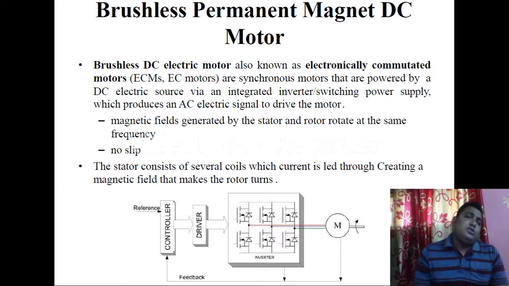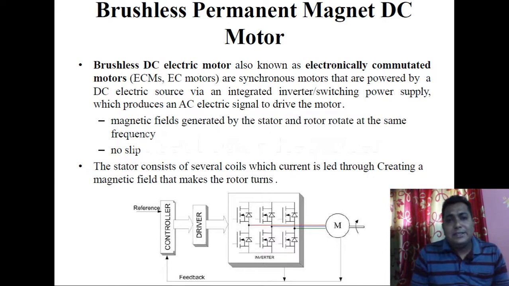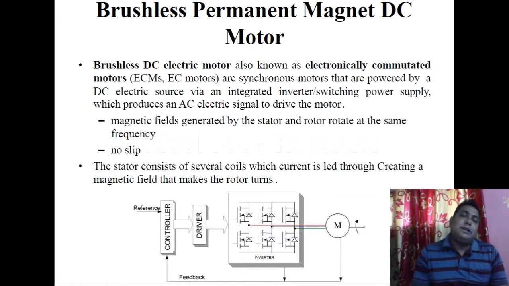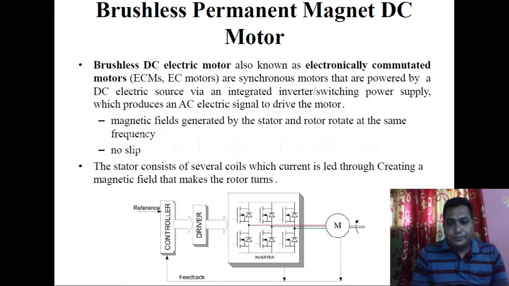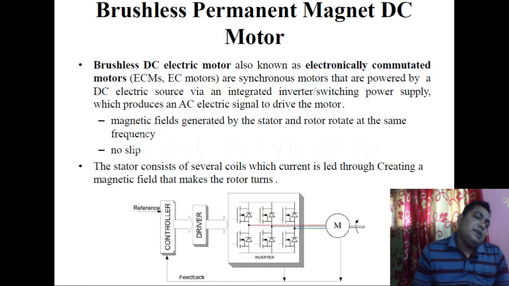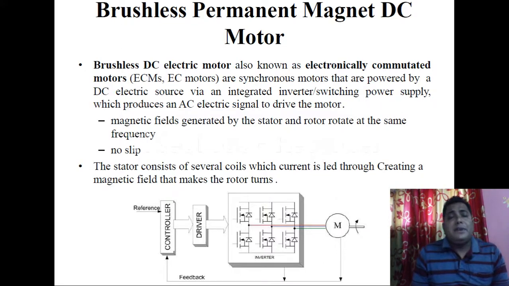Okay, so now some features we have in the case of brushless permanent magnet DC motors. The magnetic fields generated by the stator and rotor rotate at the same frequency, correct? As the rotor is rotating at the synchronous speed, definitely the frequency of the stator and rotor sections must be the same.